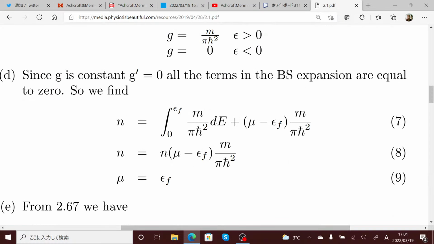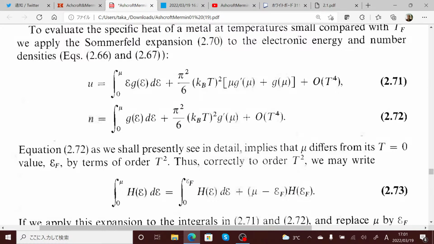Okay, we consider carrier density n. That's the same as the zero temperature value, because this is zero.